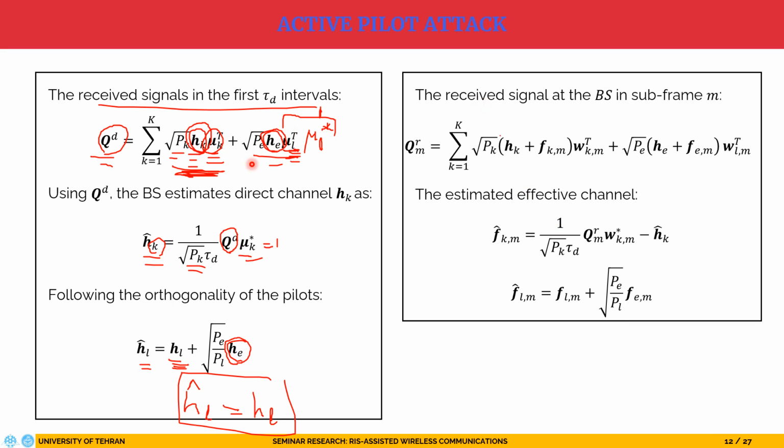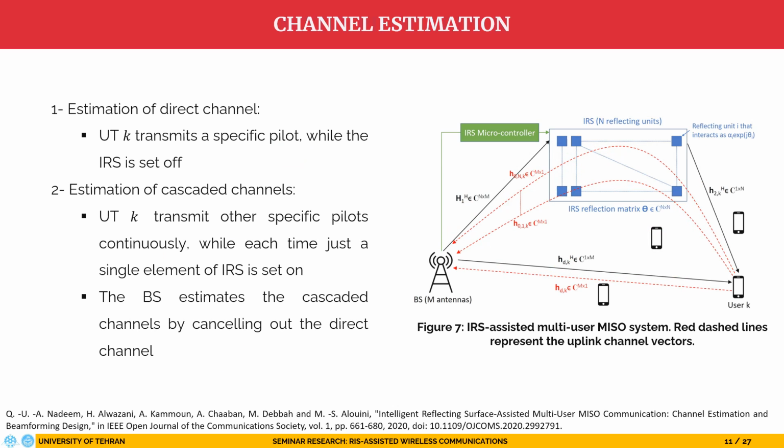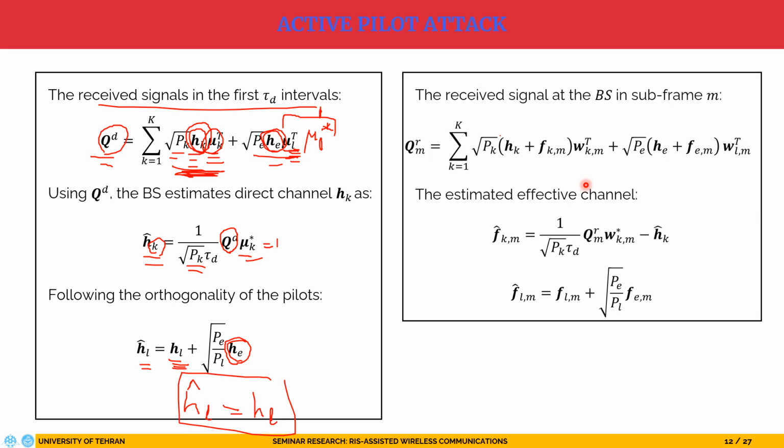Also, in this case we had a direct channel, and in this case we are estimating the effective channel, which was here, the effective channels one by one. In this case, user L is still the victim.